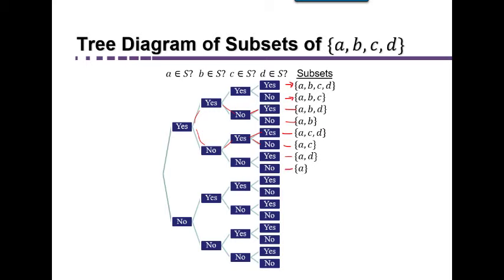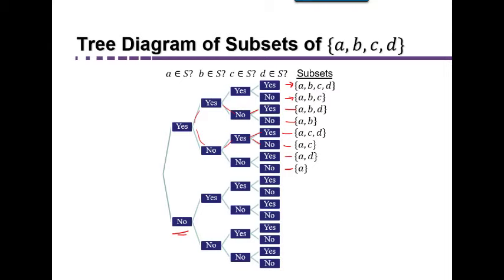So let's talk about what each of the branches represents. As long as you have your yeses on top and your no's on the bottom in each pairing, the subsets that you list should be exactly the same as mine. The first branch will be all yeses, so all of the elements are in the subset. The next branch is 3 yeses and a no, so A, B, and C are in the subset.